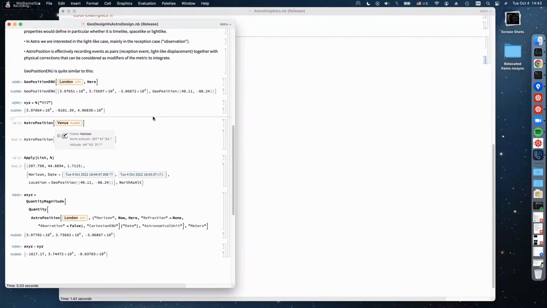Astro position is using, let's see, because of the light, because of the relativity issue, you have to know where you're looking at it from. And also because these things are moving, which is not the case on the Earth, things don't move. Right. So I think it's okay.